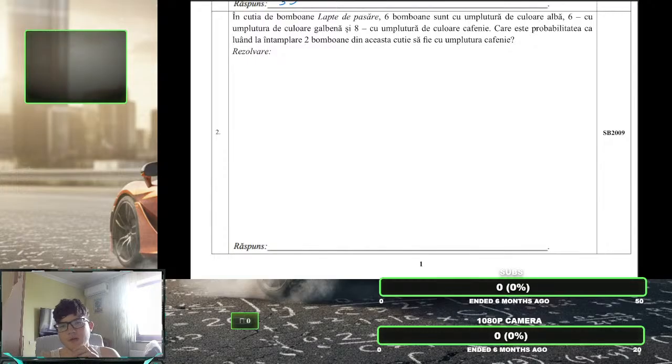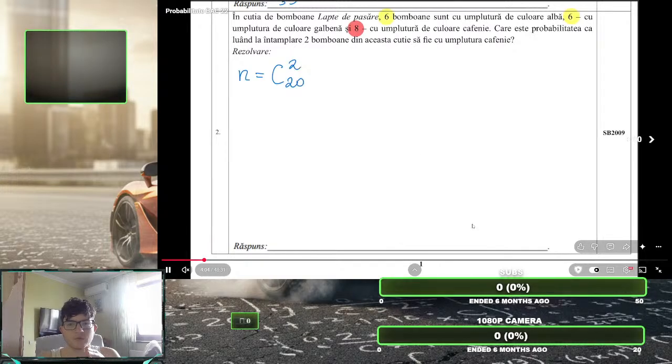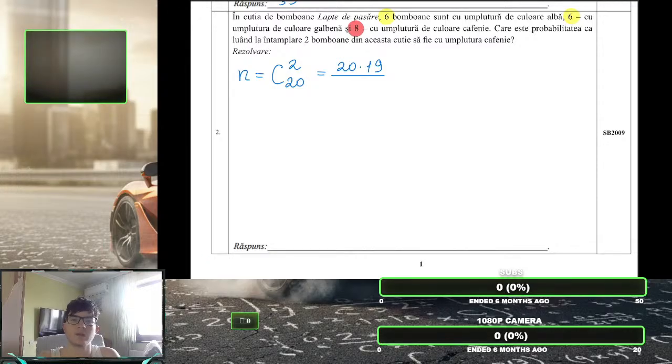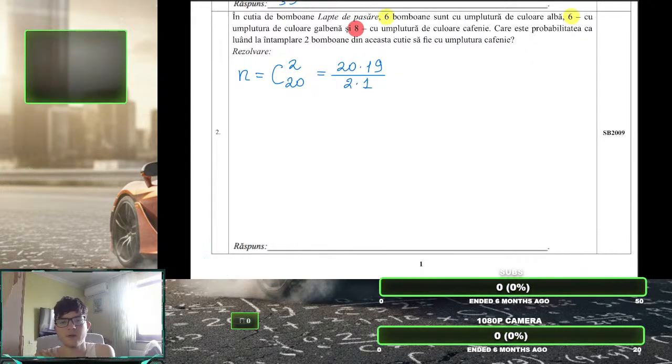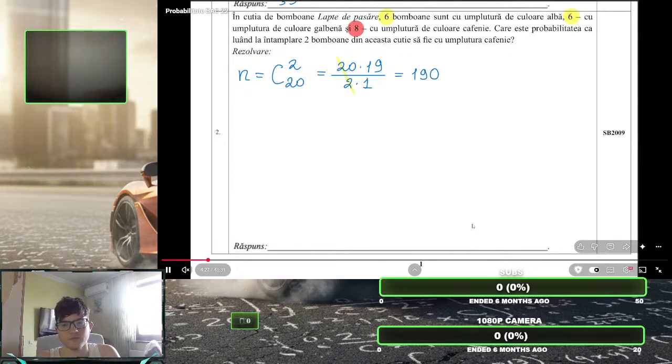We just take 2, so C with 2 on top, and below the total number of candies. So 6 plus 6, 12, plus 8, 20. So C(20,2). Boom. Headshot. That's that. So I got 20 times 19 divided by 2, right? So it's going to be 190. Easy as cake.